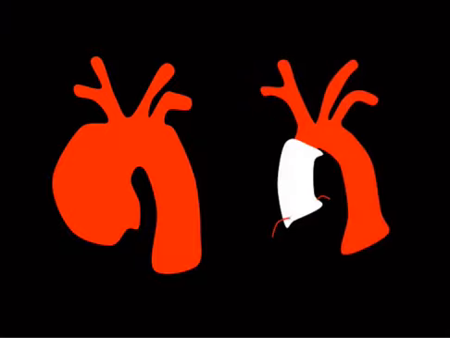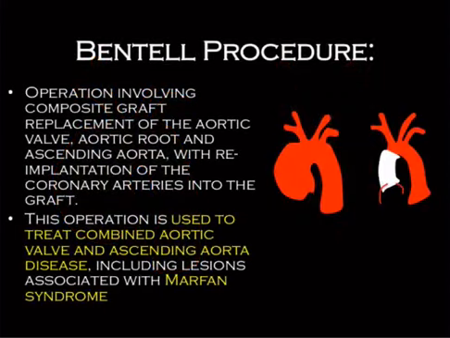So there's a specific procedure where the valve is replaced, the coronaries are reimplanted into this graft, and a graft replacement of the root and ascending aorta is used. This is called a Bentall procedure. It's just a specific type of ascending aortic aneurysm repair that also replaces the valve. And because that kind of an aneurysm is seen with Marfan's, that's the association.